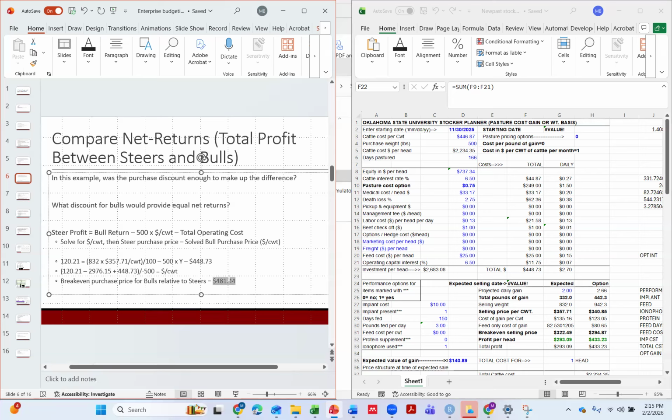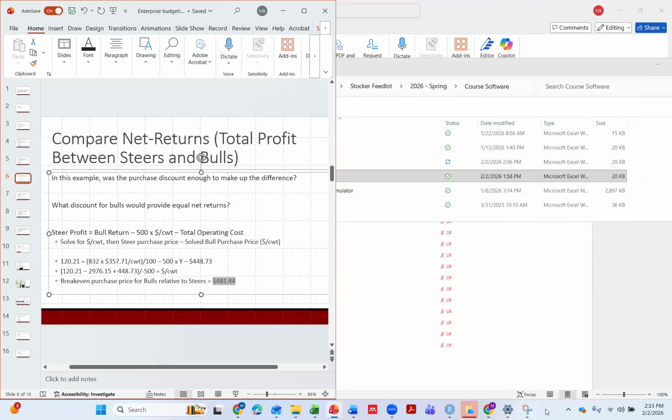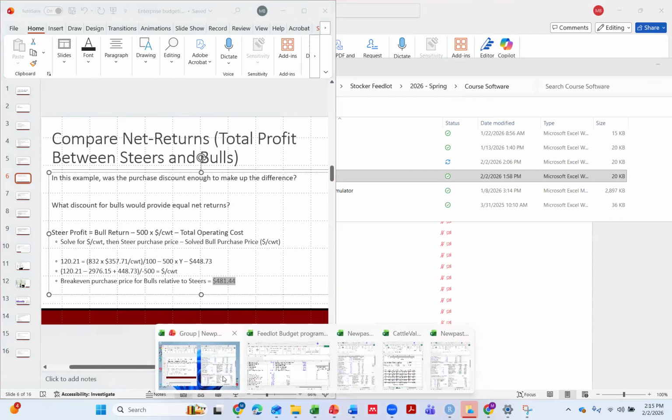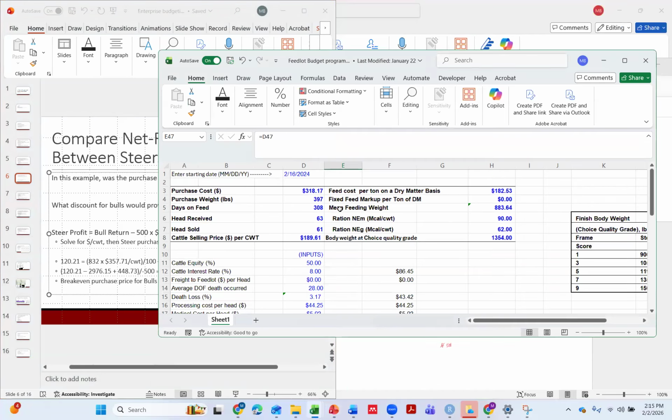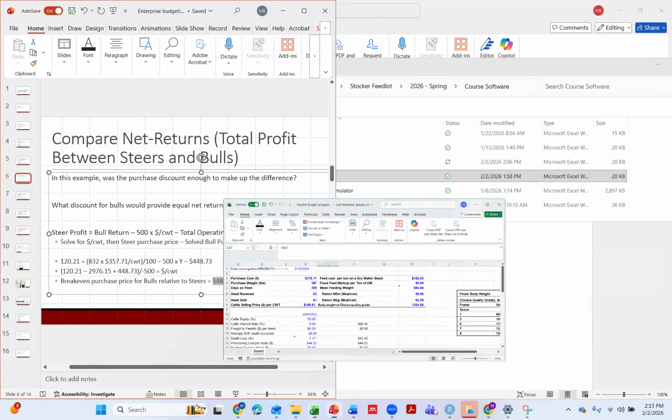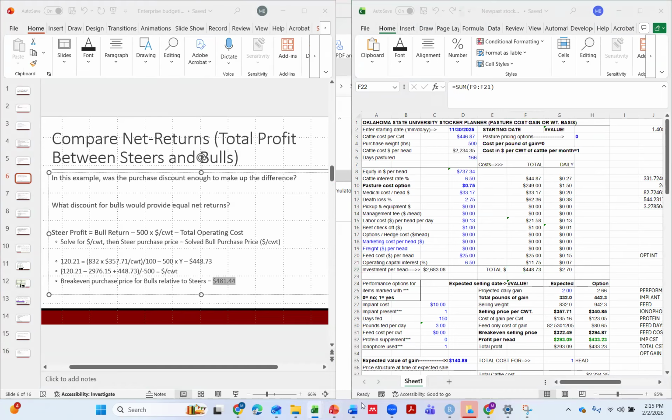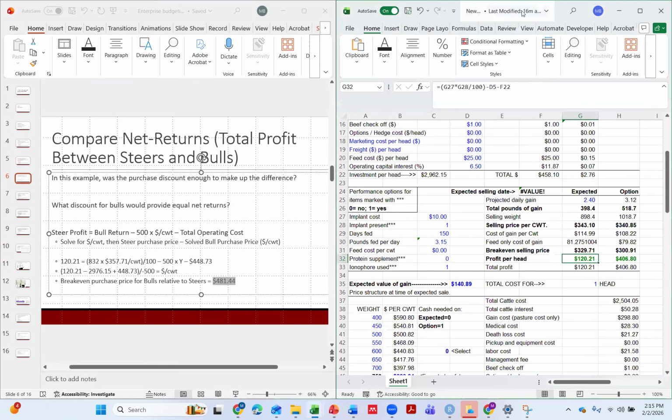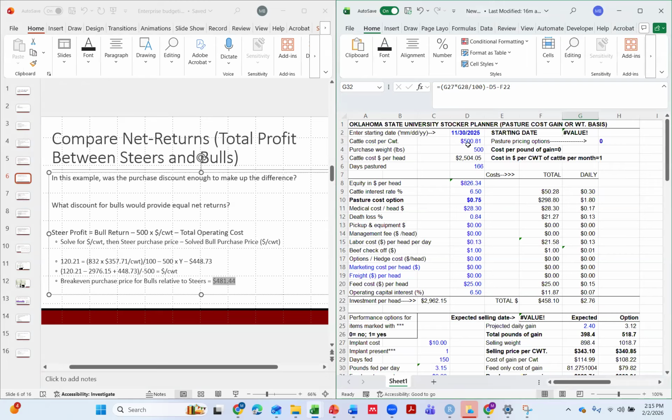So for us to have broken even buying these bulls relative to buying a group of steers, we could have purchased those bulls for $481.44. Oh, this is the feedlot one. This is bulls. This is steers. We bought those steers for $500.81. So this is where it's kind of interesting. 500.81 minus 481.44.